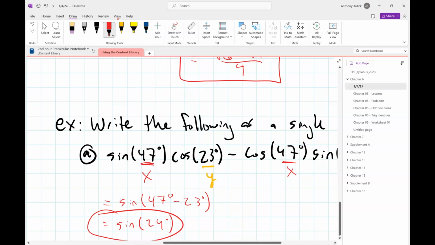So just sine 24. Everybody okay with that kind of idea, that kind of problem? Not a big deal, right? Hopefully that feels pretty comfortable.